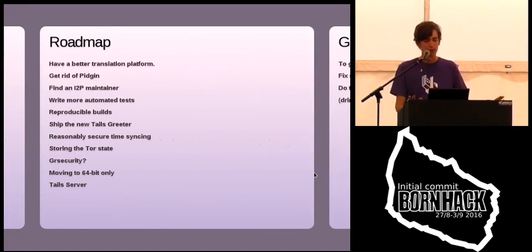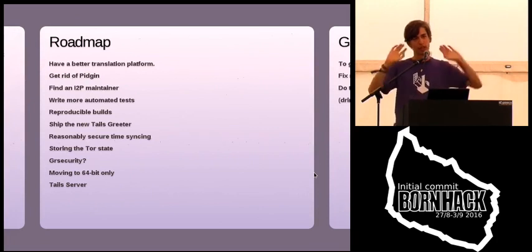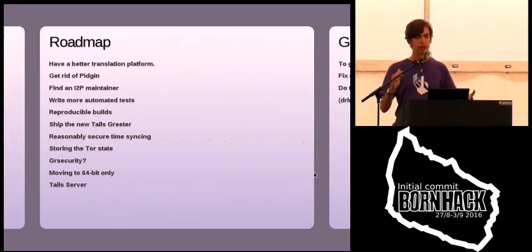So part of the roadmap is that we would like to have a better translation platform. We're still deciding about this, but we'd really like to make it easier for people who want to contribute translations, because at the moment it's Transifex and it's hard to see the context of where the string is being used for people to translate.